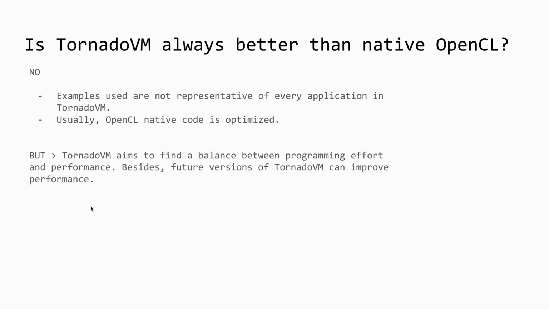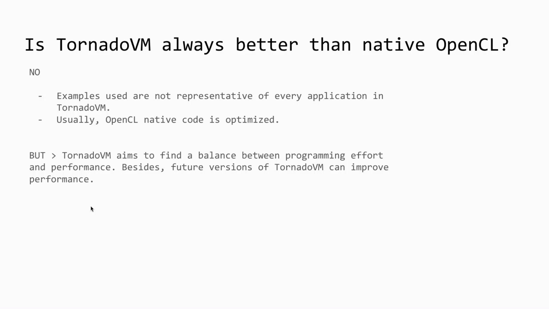That's something to keep in mind. So even though you might not get as good performance as optimized OpenCL code or optimized CUDA, what Tornado tries to do is to find a balance between the programming effort and performance. We will discuss more numbers in a bit.